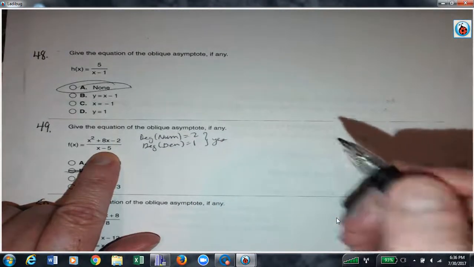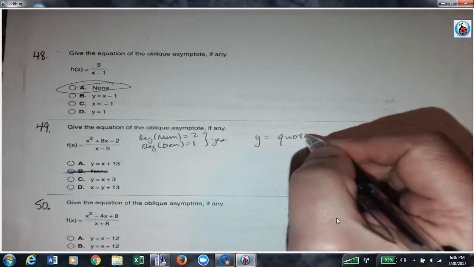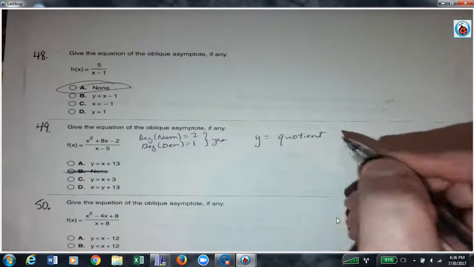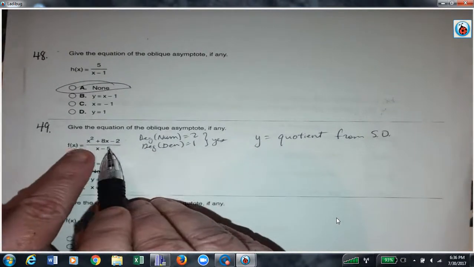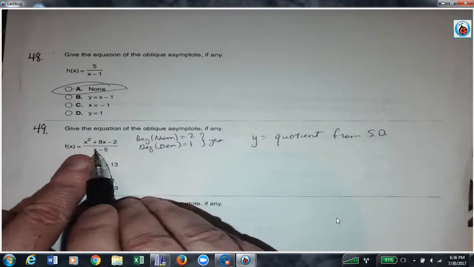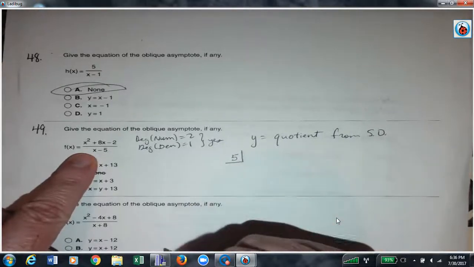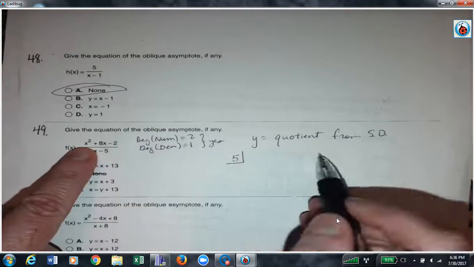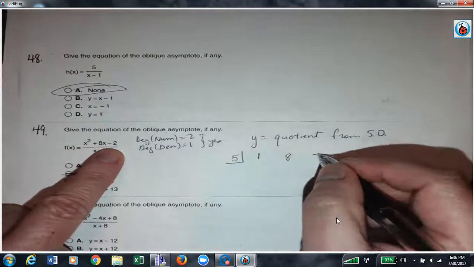Yes, there is an oblique or slant asymptote, and its equation is y equals the quotient that we get from synthetic division. So let's do this by synthetic division. I'm dividing by x minus the number in the box. And what goes here? I'm going to have 1, 8, and negative 2.